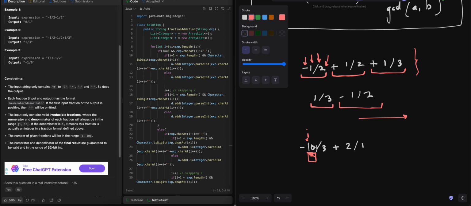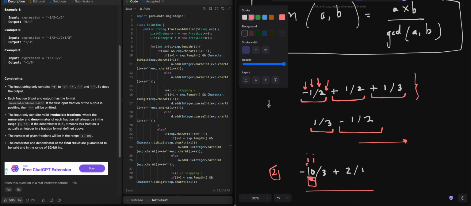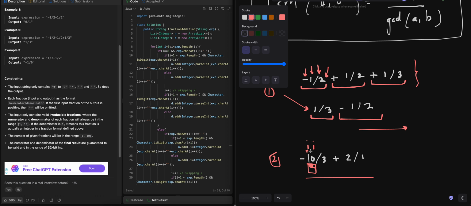Otherwise, if I is at 0 and the next character is not a digit, then it's simple processing based on whatever conditions we have. This is the second exception, how we have to handle 10. And this is the first exception, where the first fraction is positive.